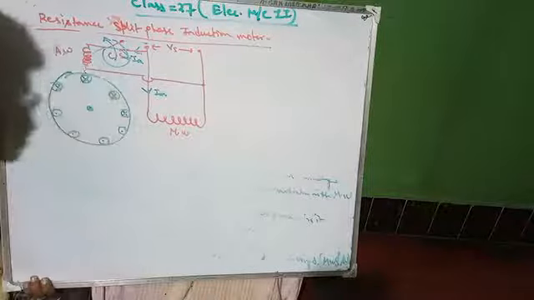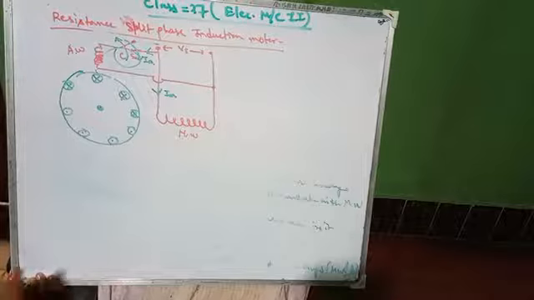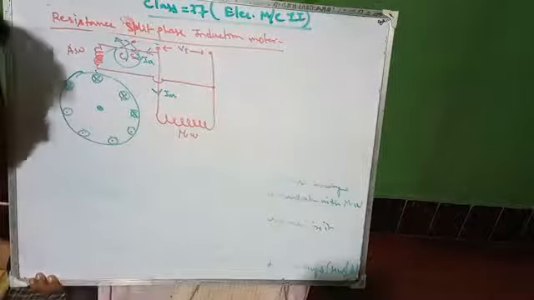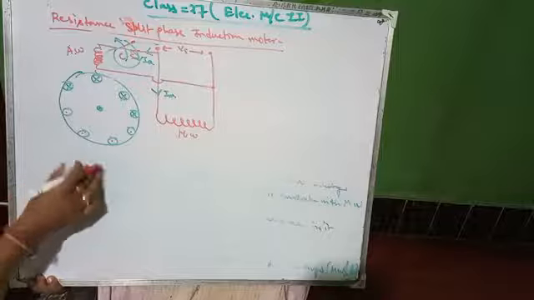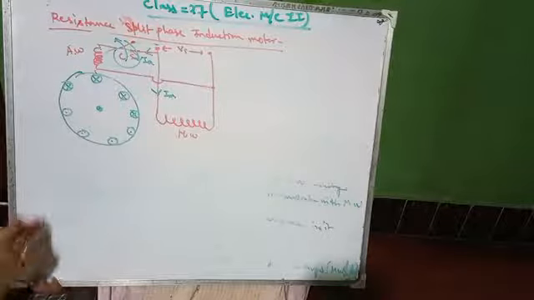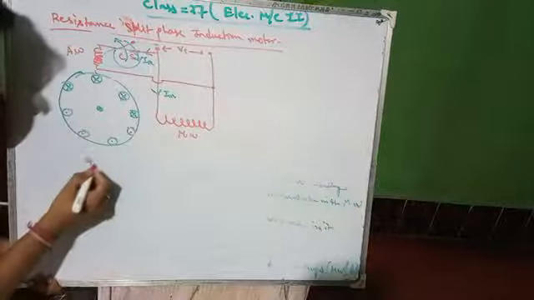Now write: for successful generation of a rotating magnetic field, two phases must be deviated by 90 degrees.